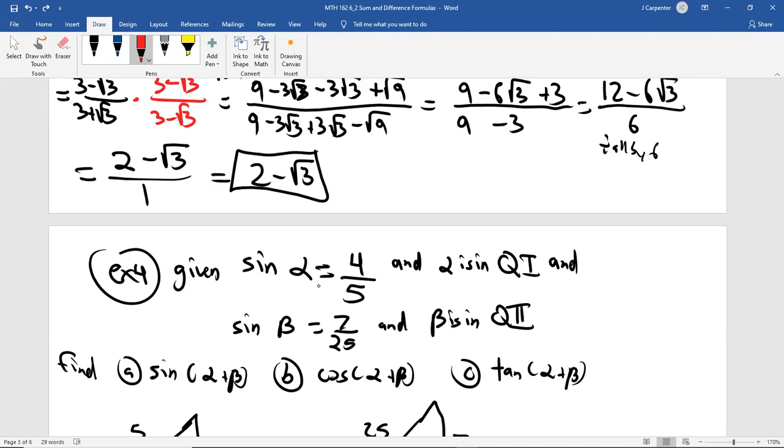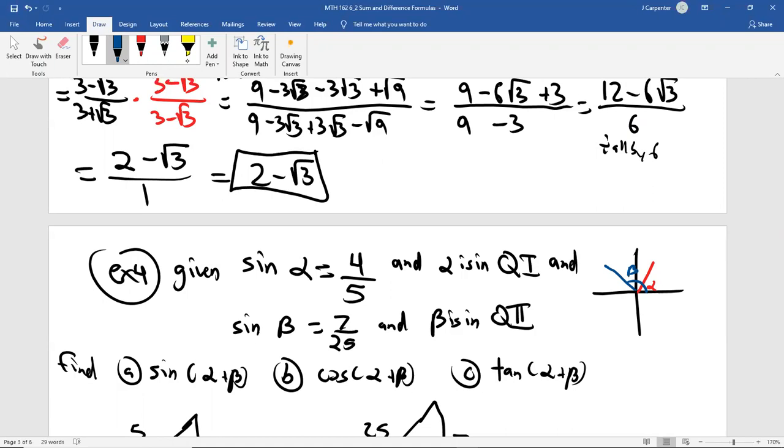And then sine of beta is 7/25, so there's its opposite and hypotenuse for a reference triangle and reference angle B. And that would definitely be referenced because beta is in quadrant 2. So again, what I'm saying is somewhere alpha is in quadrant 1. Here it is. I don't know the number. And then beta is somewhere over here. So this angle right there would be your beta. Alpha would be that smaller, just the red angle.